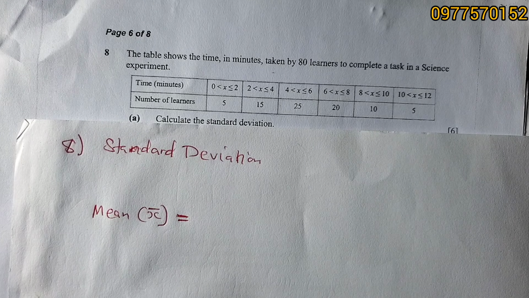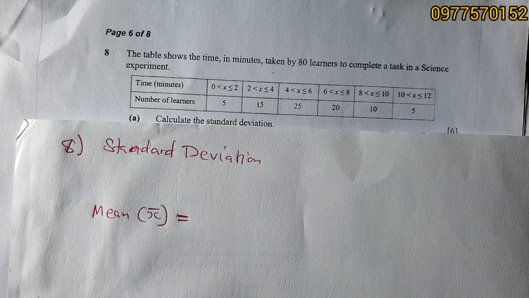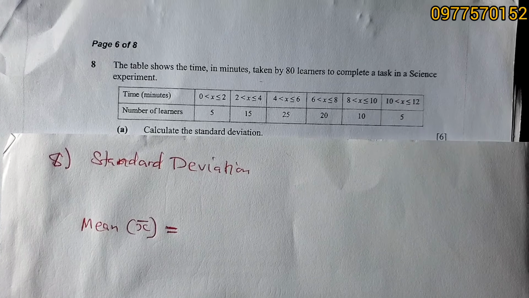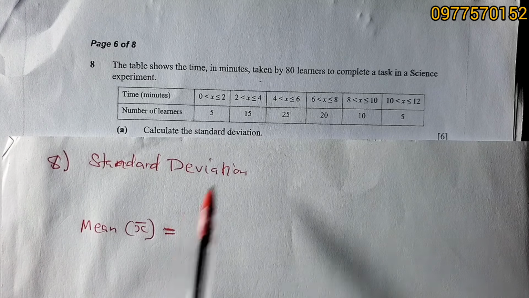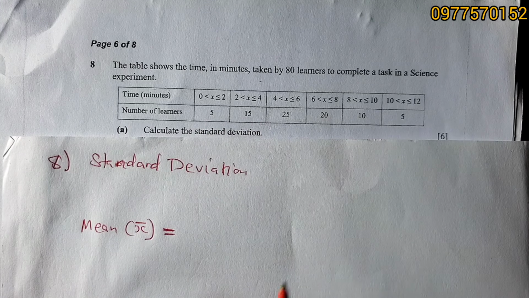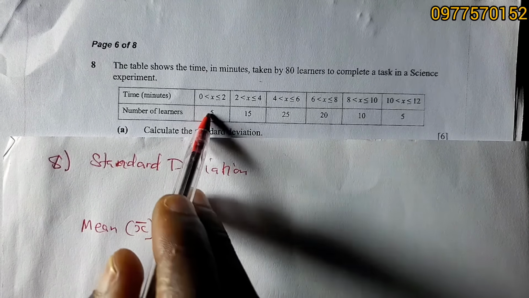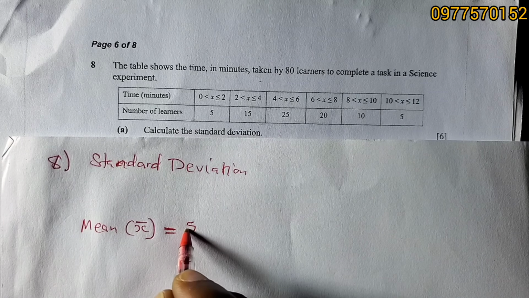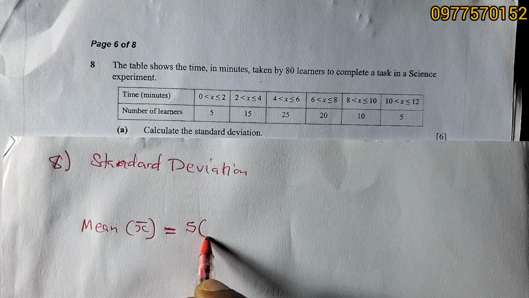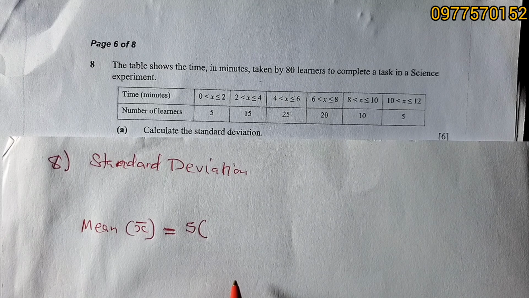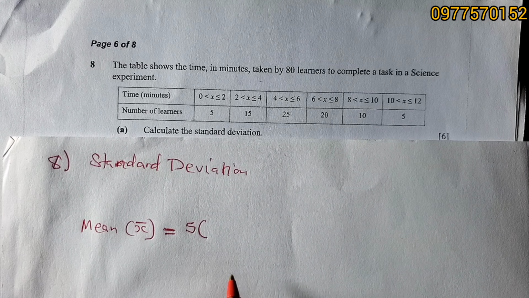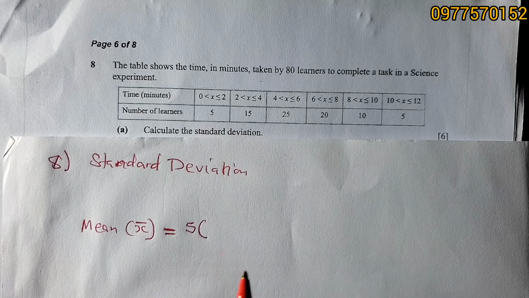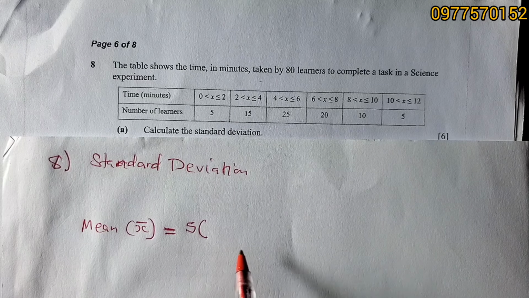To find the mean, we're going to use the frequency: each frequency, 5 in this case, times the midpoint. Times the midpoint. I'll get back to the midpoint.